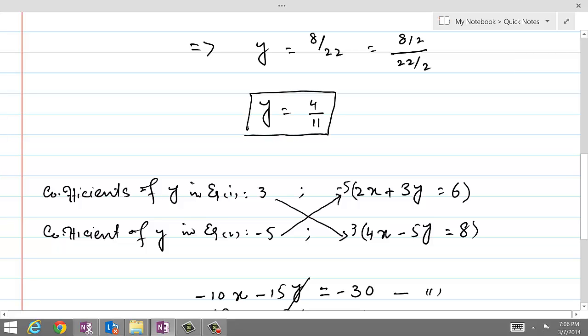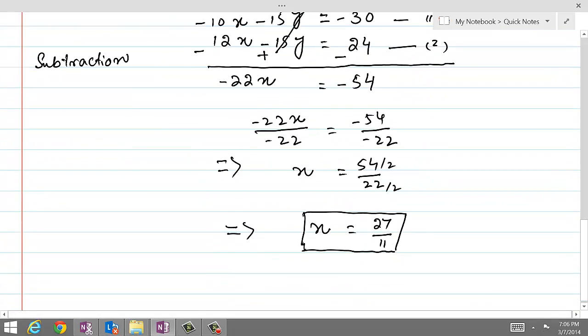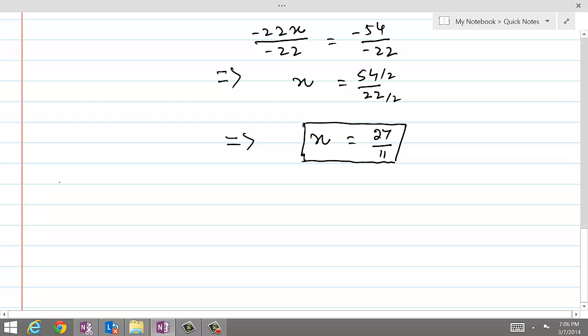If we need to verify this solution, let's do the verification process. We know that we write the point here. What is the point? That is x and y: x is 27 over 11, and y was 4 over 11.